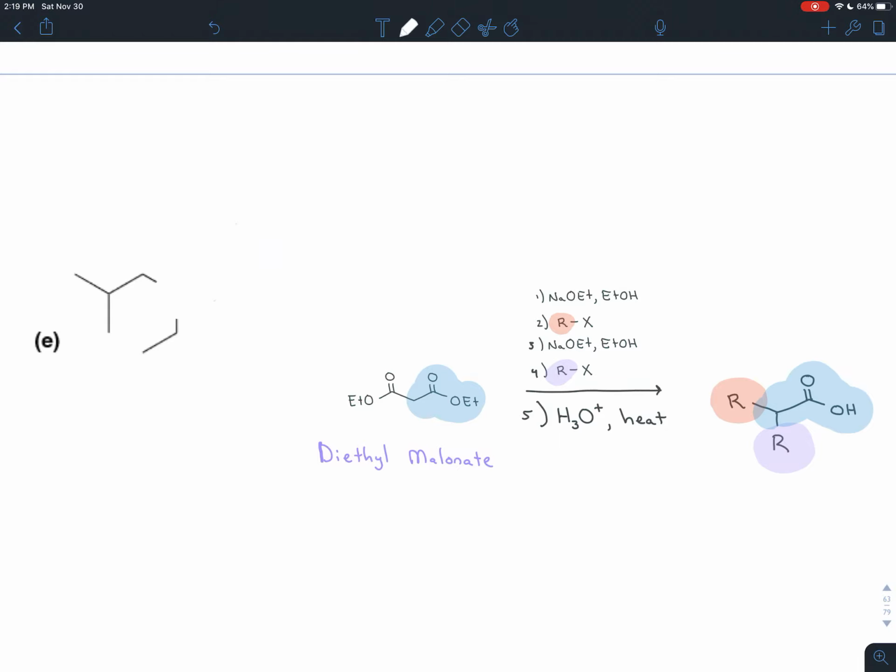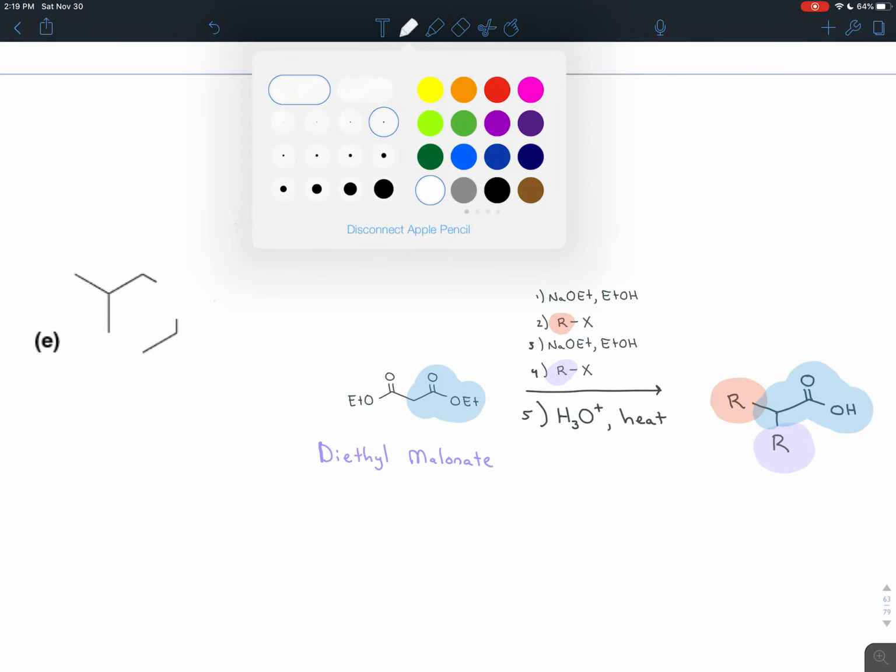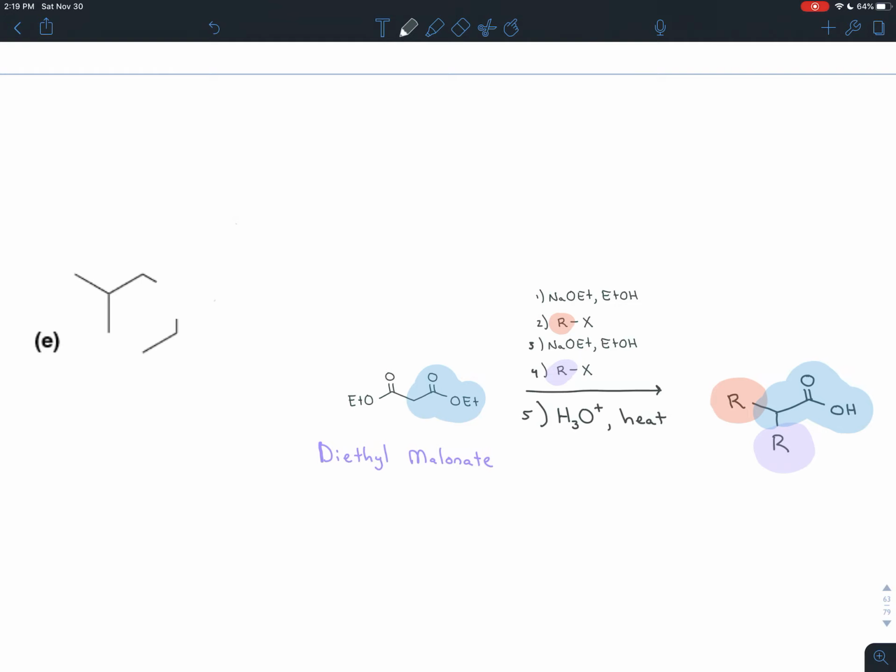Now when you erase those, you see that you have 2 separated carbon chains. And so you redraw those chains, but with a leaving group. I'm going to use iodine. Now that we have 2 alkyl halides, we know we have to do that first step twice. Once to put each alkyl halide onto the alpha carbon of the diethyl malonate.